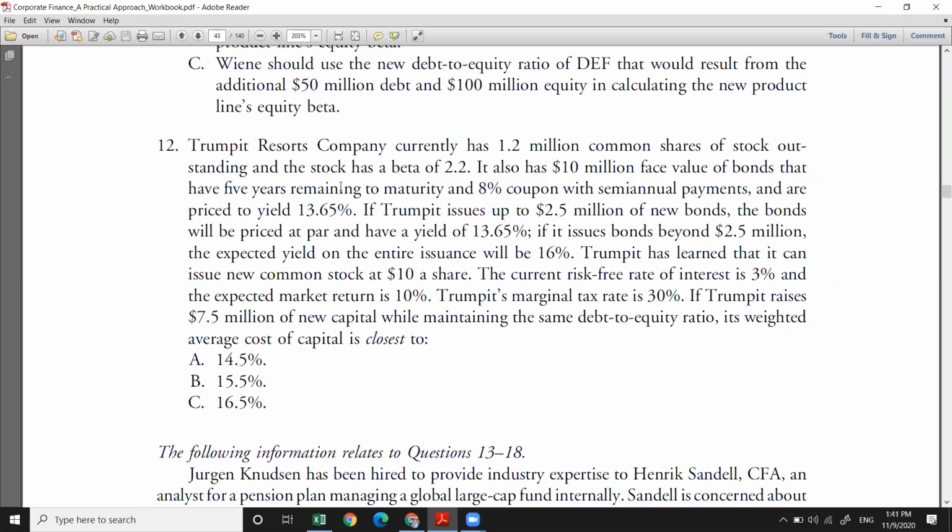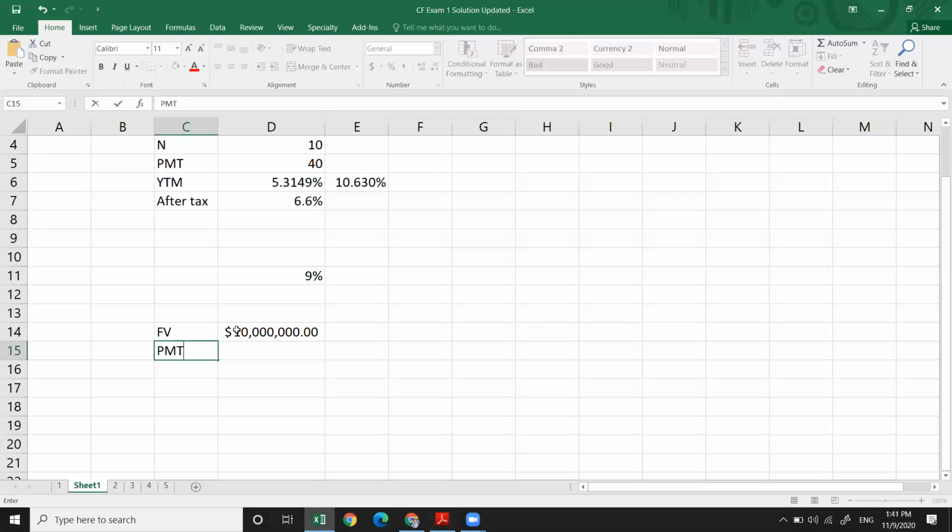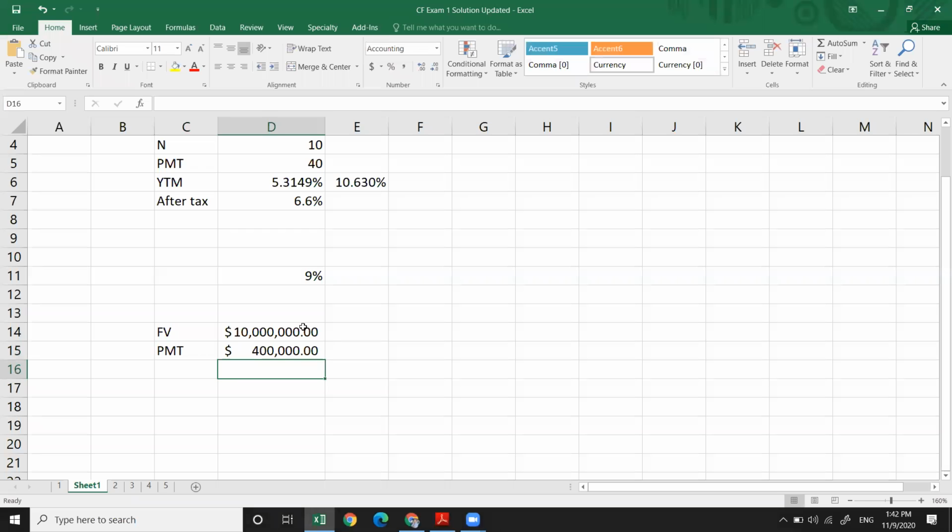So 5 years remaining to maturity and 8% coupon with semi-annual payment. What is the payment equal to, if we know that the face value is 10 million? 4% multiplied by 10 million. Why 4%? Why not 8? Because we convert to semi-annual, we divide by 2 payments. Very good. And the number of periods is 10.